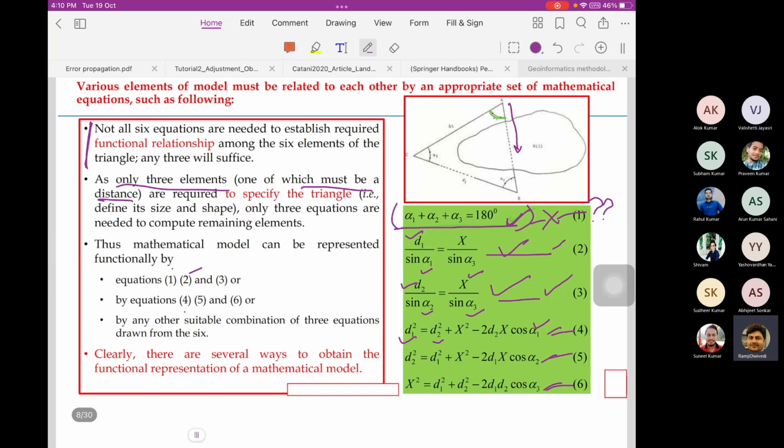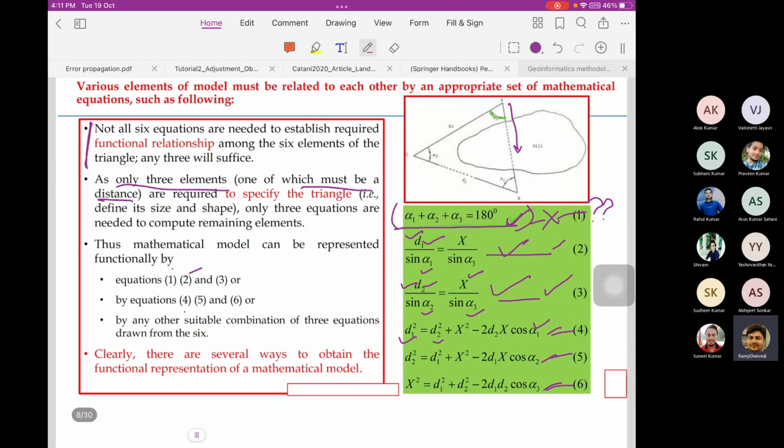That means there is inconsistency in your final value of x, and the reason is very simple. Your observations are erroneous. The data in d1 has error, d2 has error, alpha 1, alpha 2 and alpha 3 have error. They all have error. That's why your final x is not coming the same.